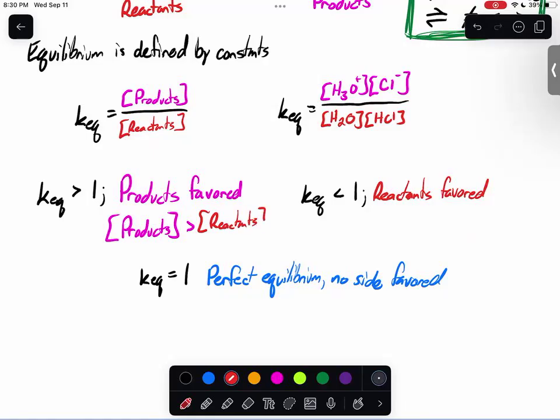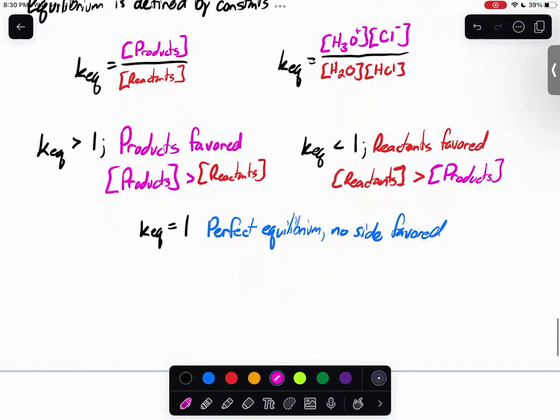KEQ less than 1, concentration of reactants is greater than the concentration of products. And then for our KEQ equal to 1, the concentration of product and reactant are entirely equal.